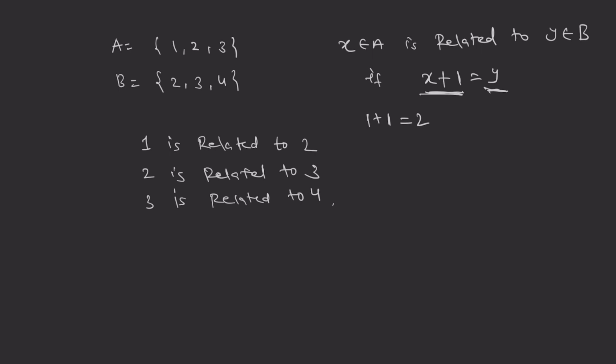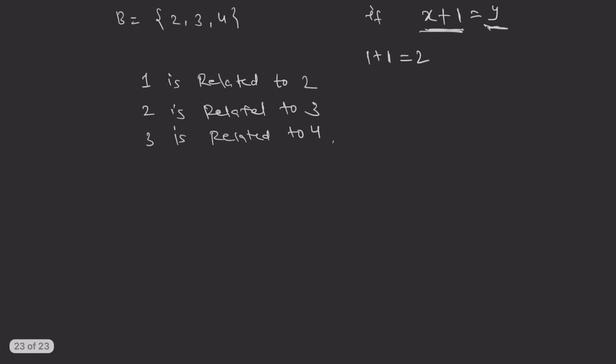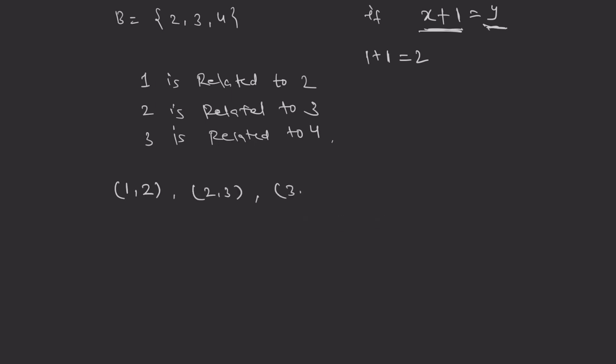So for that I will use ordered pairs. I'll write like this: (1, 2), (2, 3), and (3, 4), and I make a set R with these elements. What is the meaning of this? That 1 is related to 2.